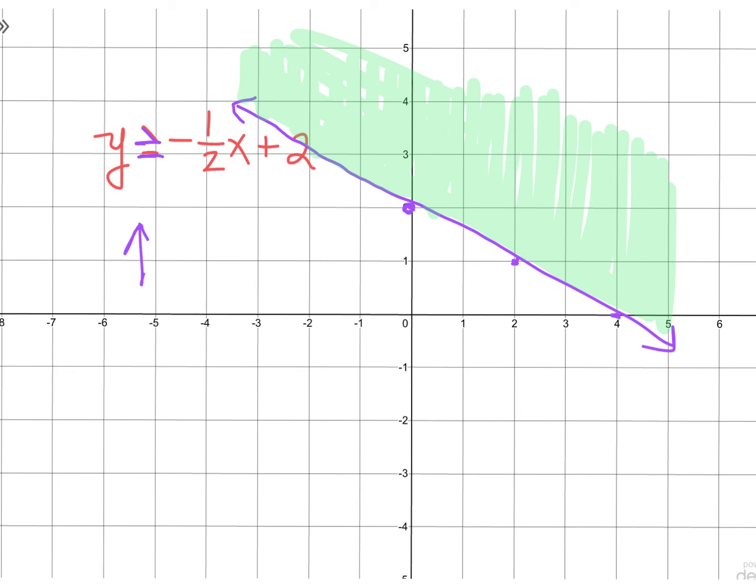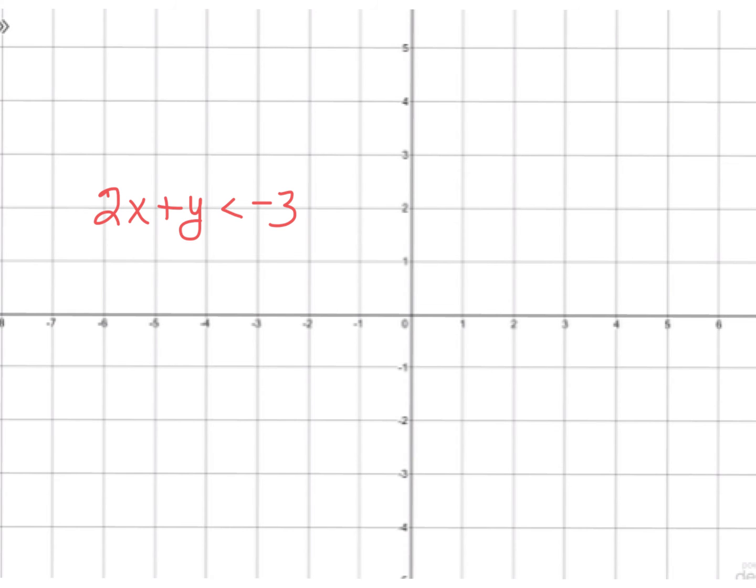So that's about it. We graph and we shade. Sometimes the lines will be in standard form. Guess what we're going to do? We're going to put them in slope-intercept form: subtract the 2x, and we get y is less than negative 2x minus 3. Minus 3, up 2 over 1. This is a strictly less than, so I'm going to use a dotted or dashed line.